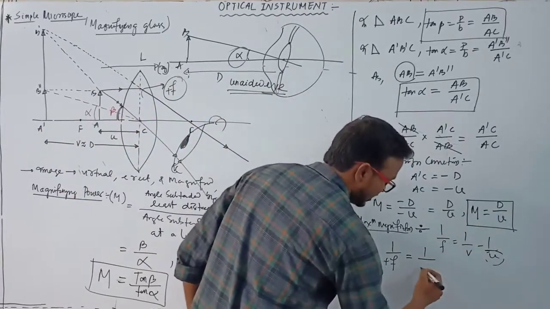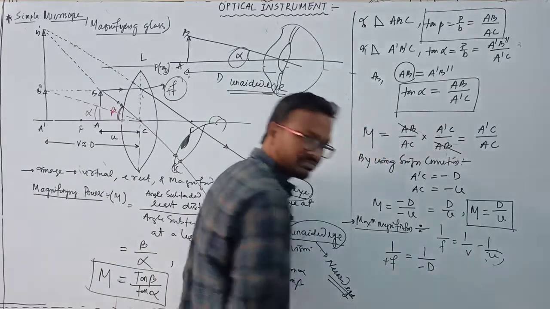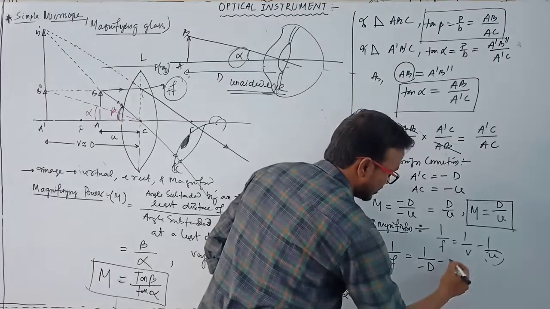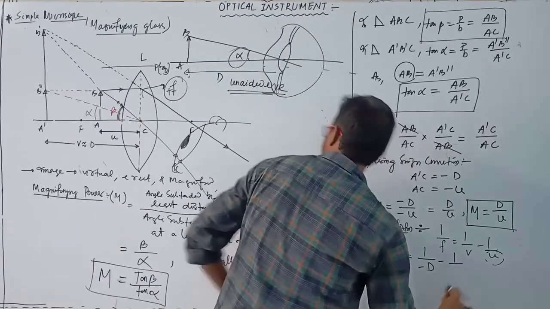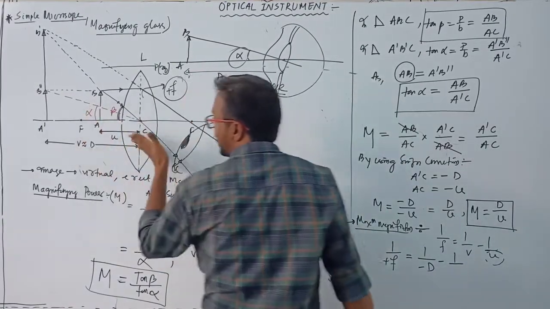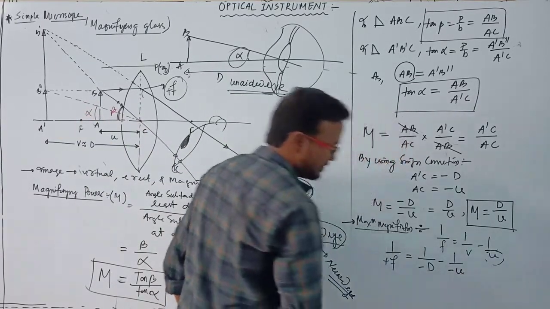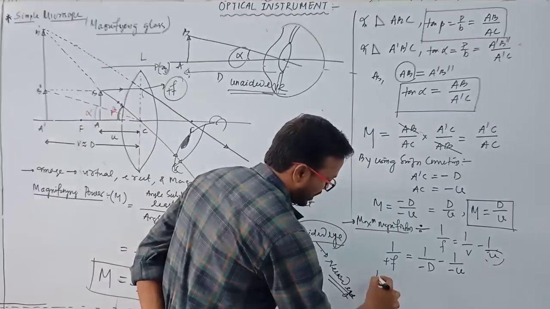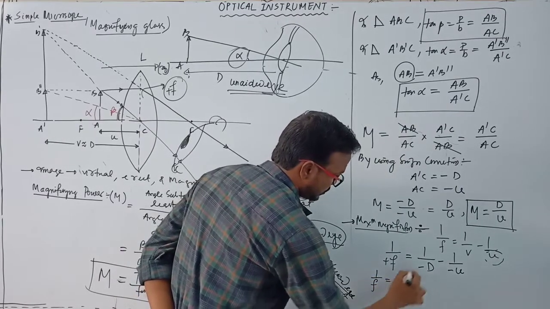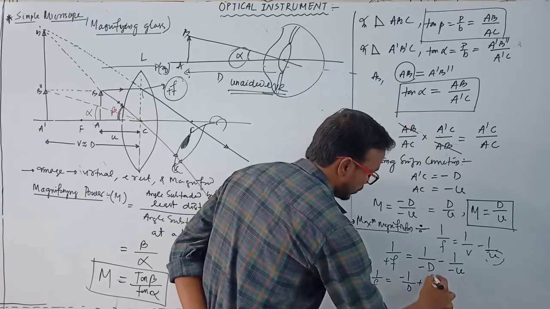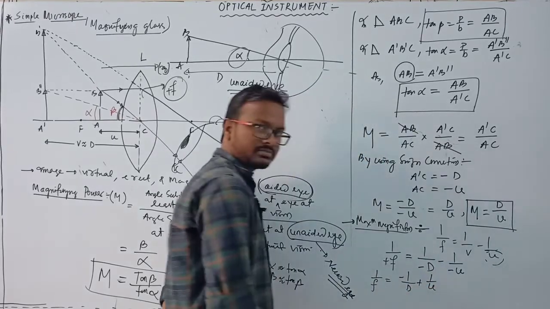So we can write v equals minus d. Then minus 1 by u, and u is also measured as minus u. So 1 by f equals minus 1 by d plus 1 by u.